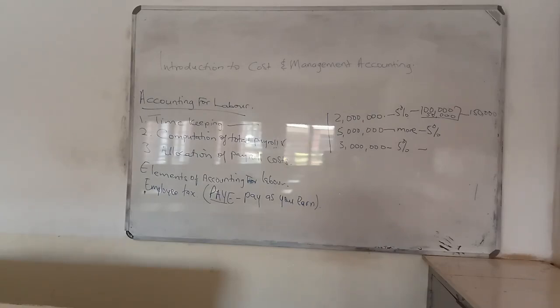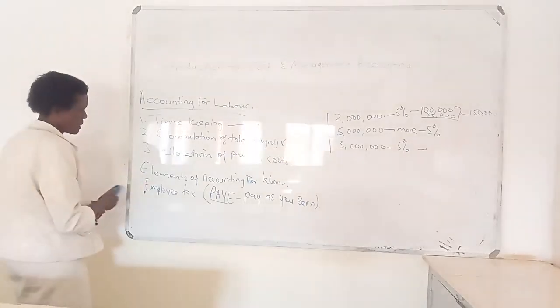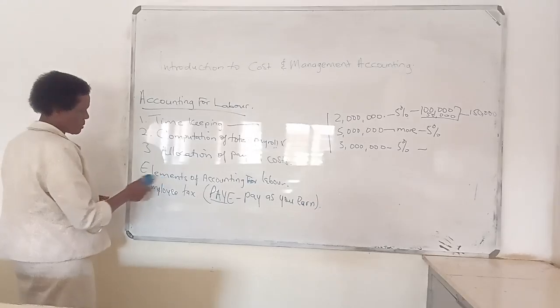People can work overtime, whereby it's additional to what they are paid. And we said that when we're talking about overtime, we have three treatments. This is on elements of accounting.